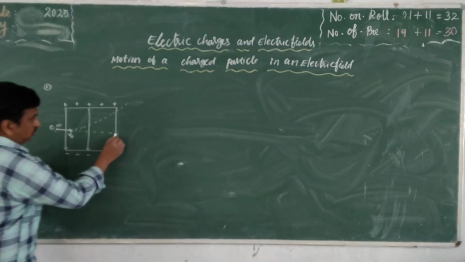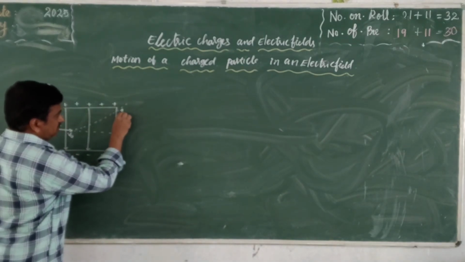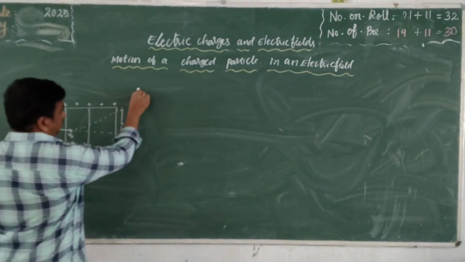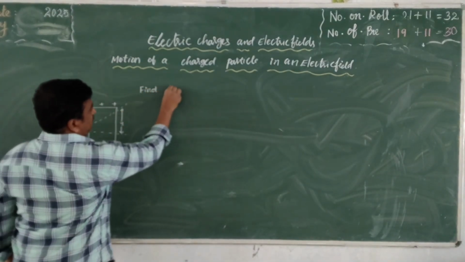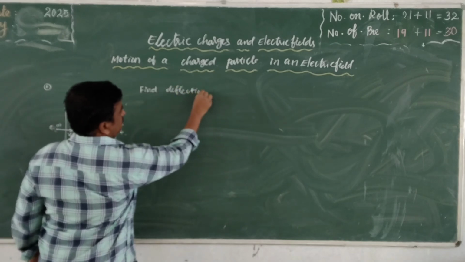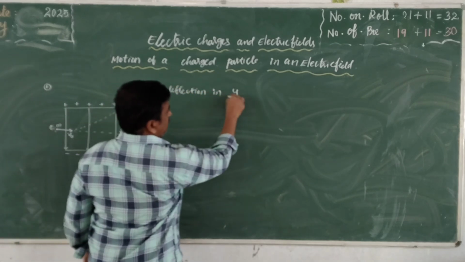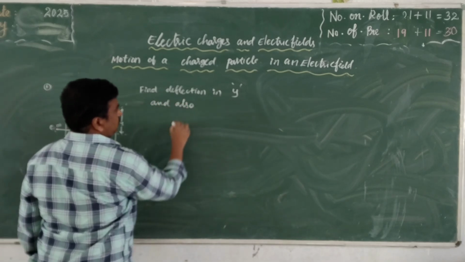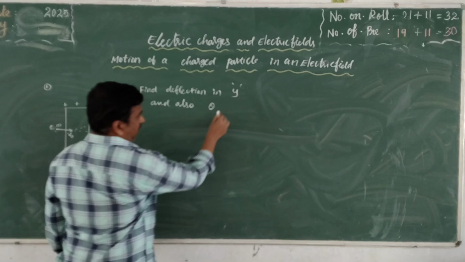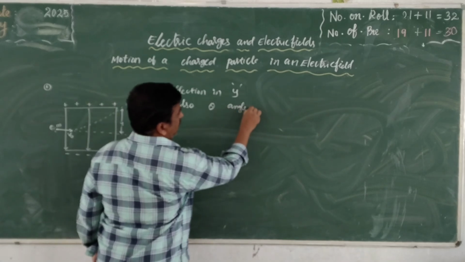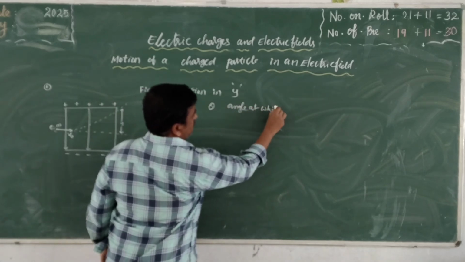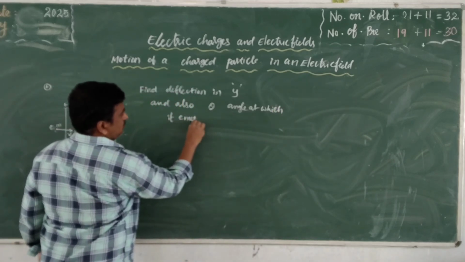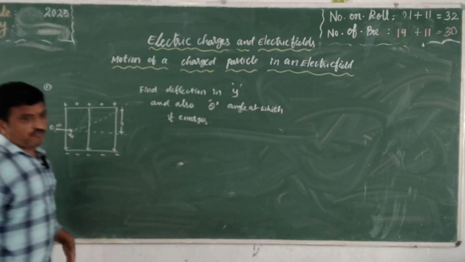In this case, we want to find out the deflection in the y direction, and also theta, the angle at which it emerges. This only we find out, the theta value and the y value.